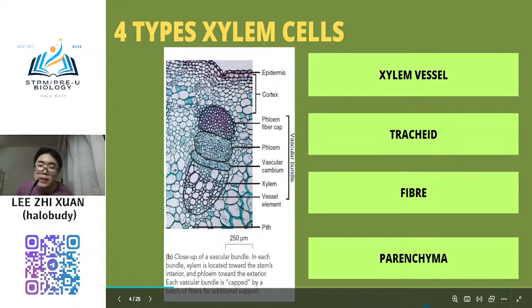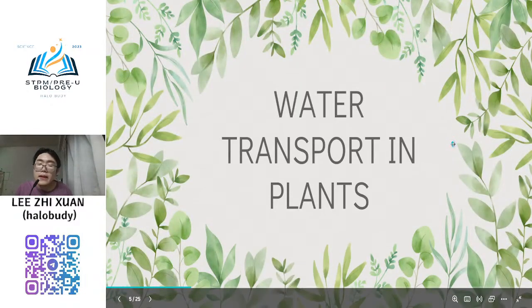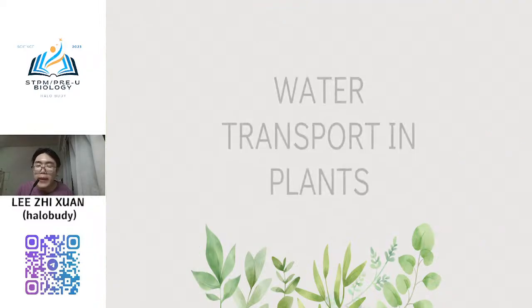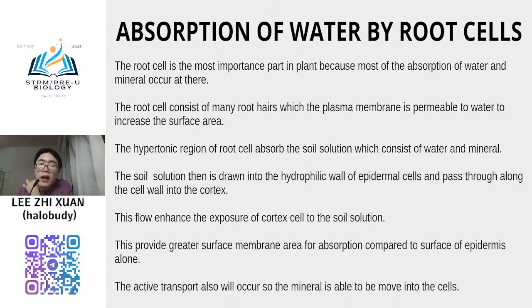Okay, next we will enter water transport in plants. This is a topic under the transpiration process. Before we go to the transpiration process, you need to know how plants absorb water. We know that the root of the plant is the main place that absorbs water, right?